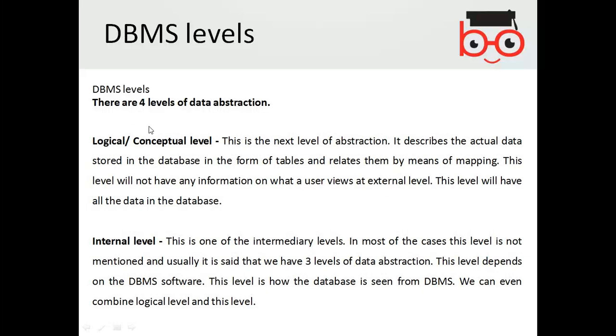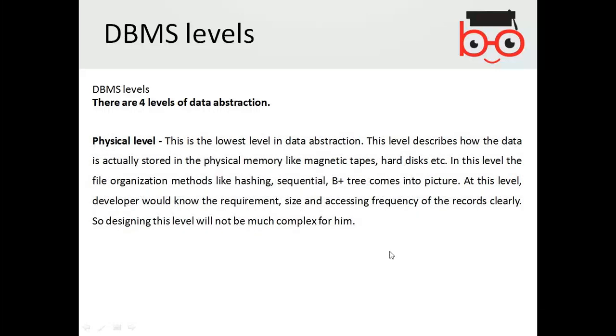So these are the explanations of the logical and internal levels, and the physical level I explained.